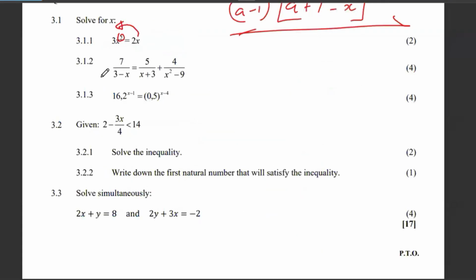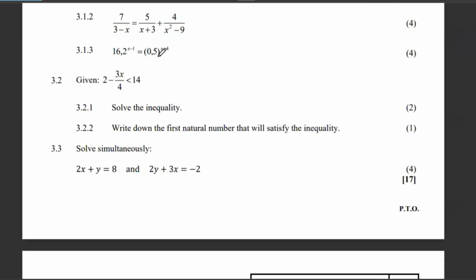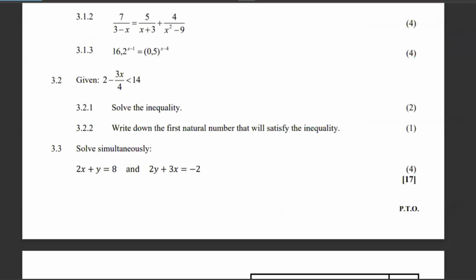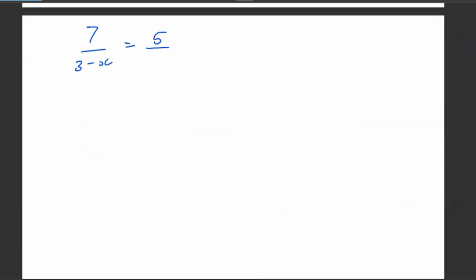Then 3.1.2. Equations with fractions. Okay, so we have 7 over 3 minus x, okay, is equal to 5 over 3 plus x plus 4 over x squared minus 9. Okay, question is, what do you see? We're seeing a 3 minus x, we're seeing 3 plus x.